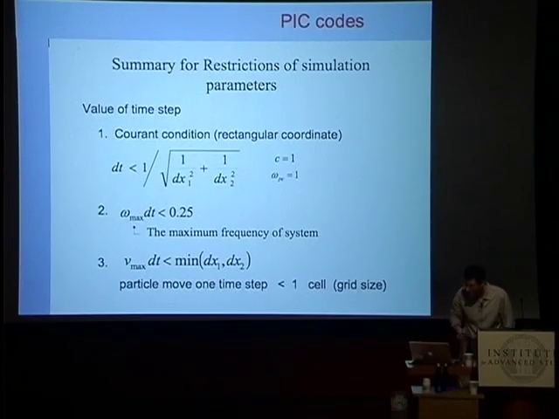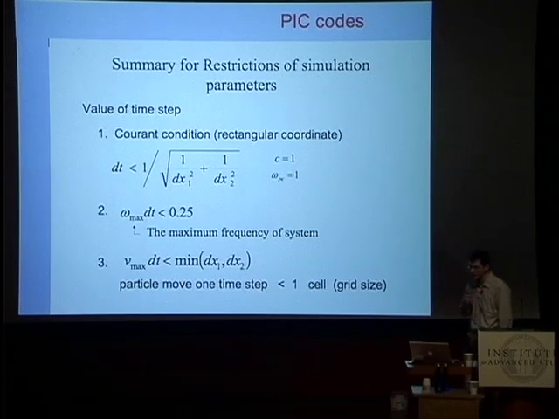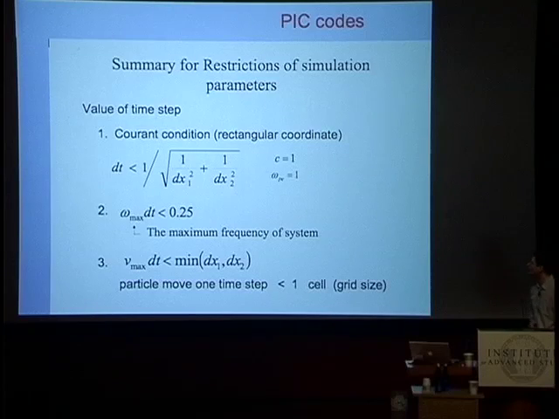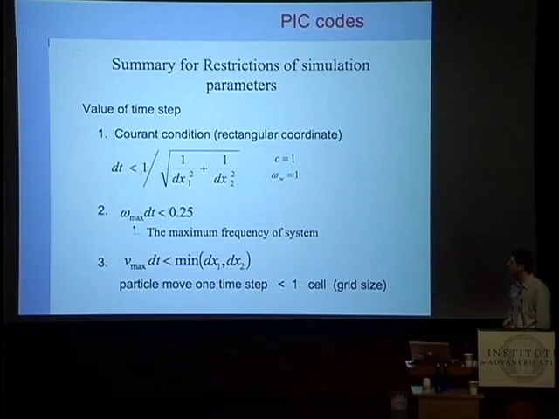OK, so in terms of restrictions on the time step and the spatial lengths, the Courant condition restricts your time step. So if you are resolving the speed of light, as we would do in the electromagnetic simulation, then the time step should be smaller than this thing divided by the speed of light.